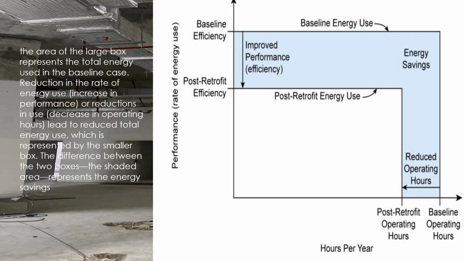The area of the large box represents the total energy used in the baseline case. Reduction in the rate of energy use, or increase in performance, or reductions in use, or decrease in operating hours, lead to reduced total energy use, which is represented by the smaller box. The difference between the two boxes, the shaded area, represents the energy savings.